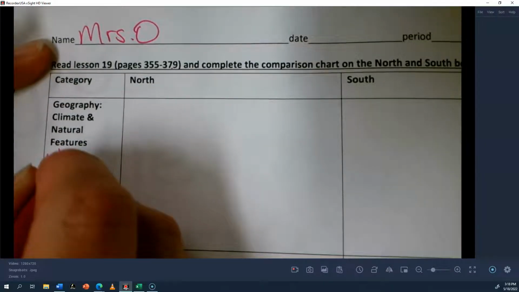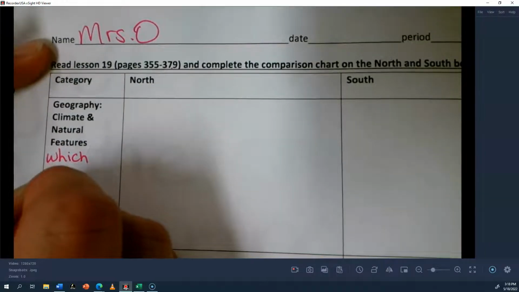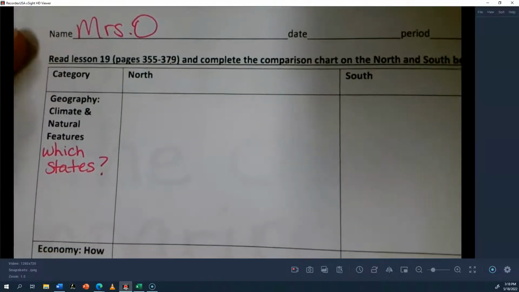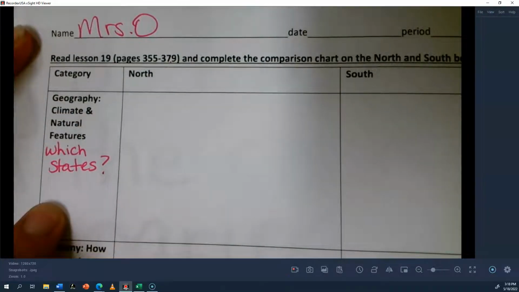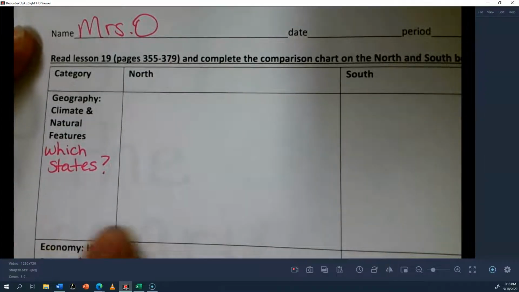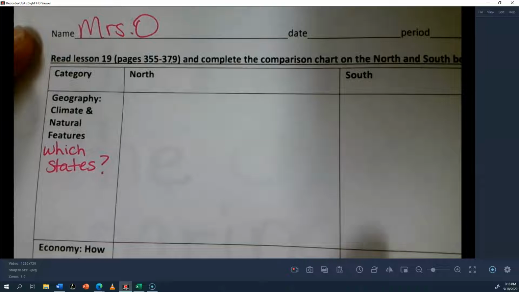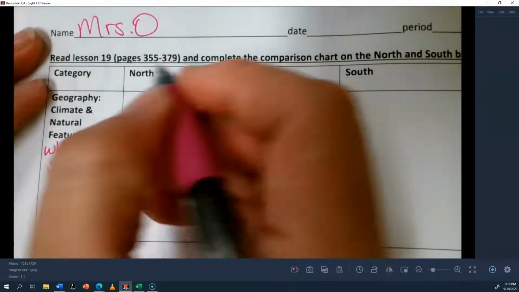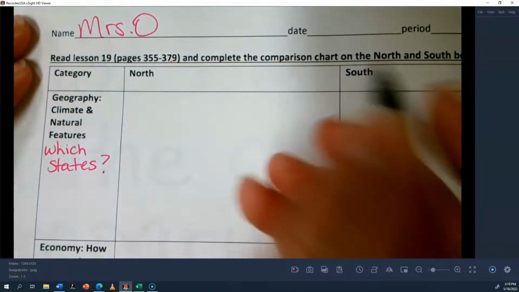Which states? Mine doesn't say in this box which states. So I want you to add the states and list the states out. Yes, you can write them up here.